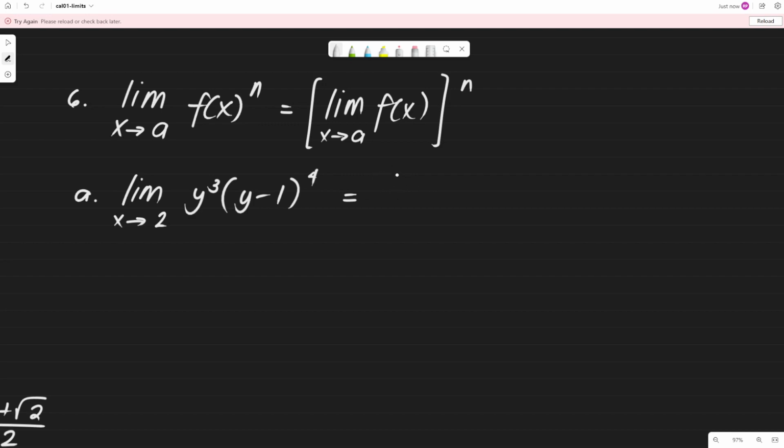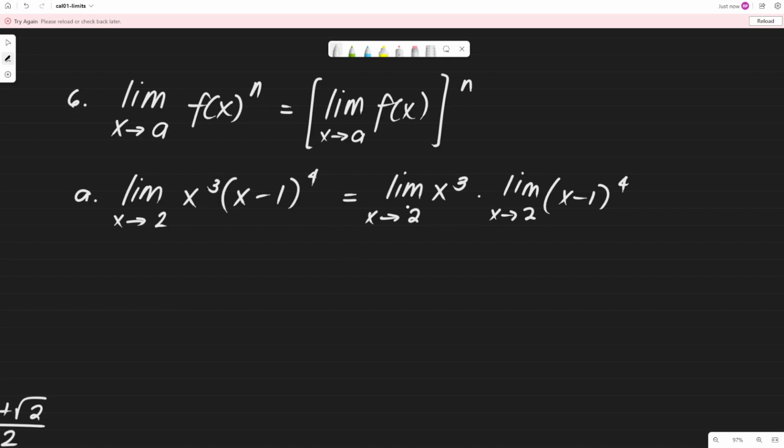So we have here the limit of y cubed, sorry, this is not y cube but rather x cube. The limit of x cube as x approaches 2 multiplied to the limit of x minus 1 quantity to the fourth as x approaches 2.